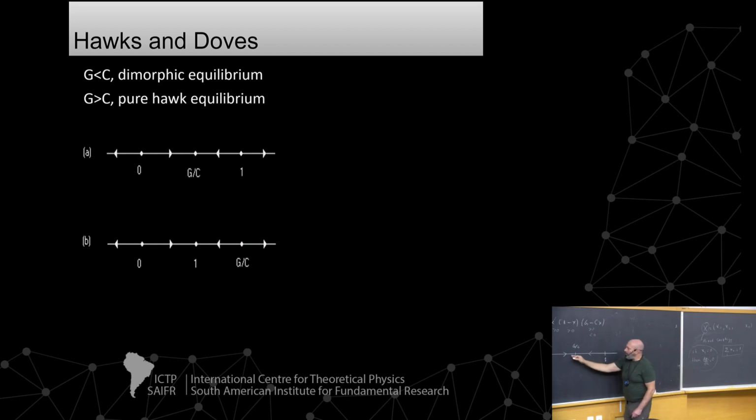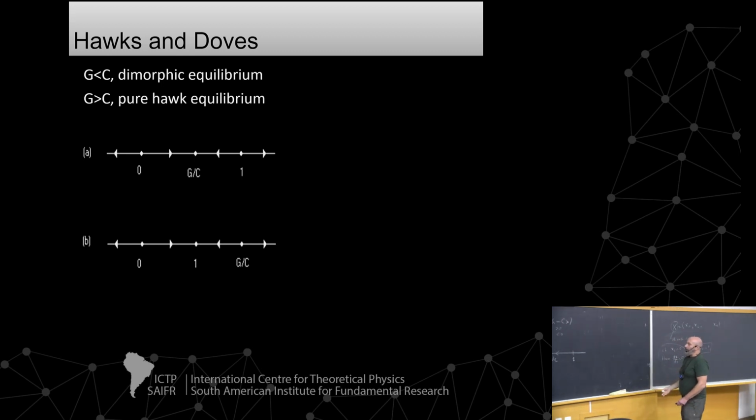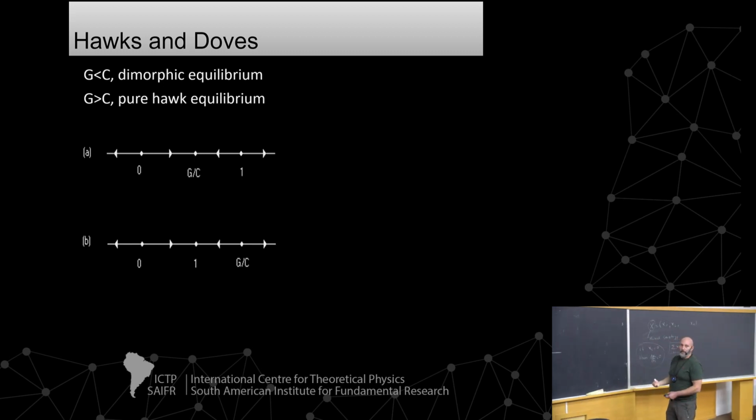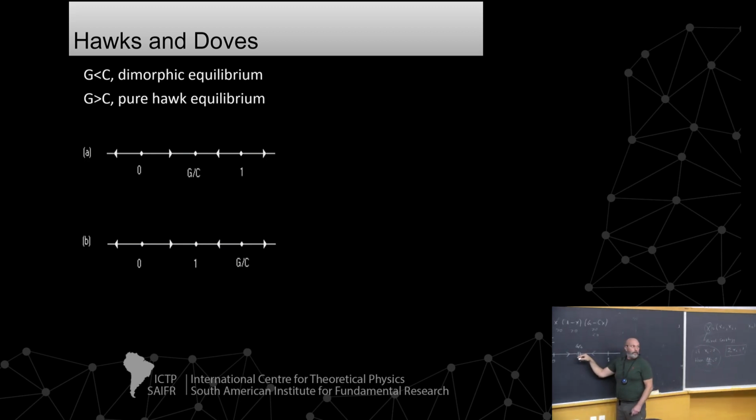If I am here, the derivative is driving me towards G over C. If I am here, the dynamics is also driving me towards G over C. So in this case, we can say that this point is stable. Okay? So if G is less than C, there are 3 equilibria, but only one of them is stable. And the only one that is stable is the Nash equilibrium.